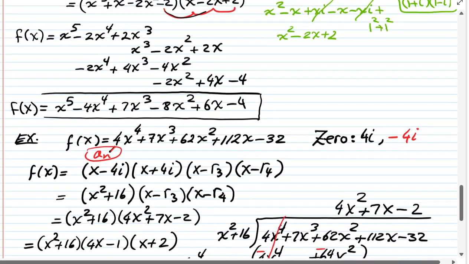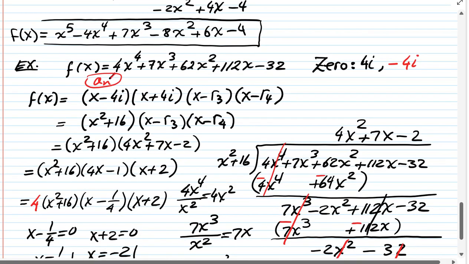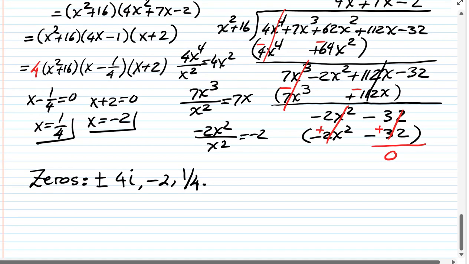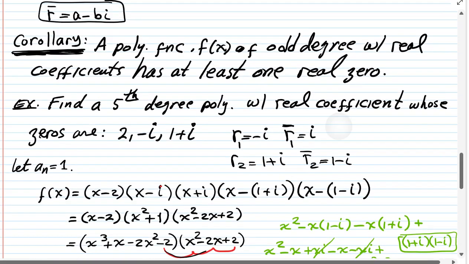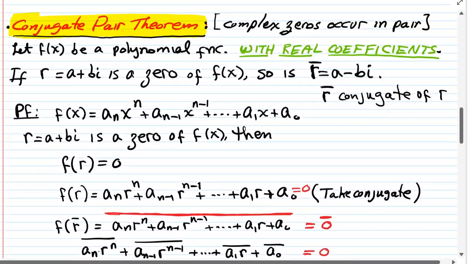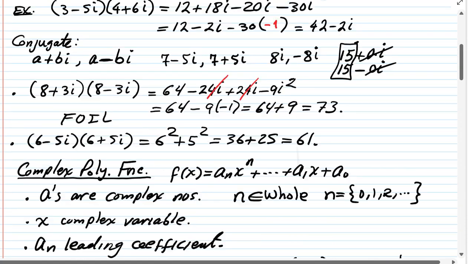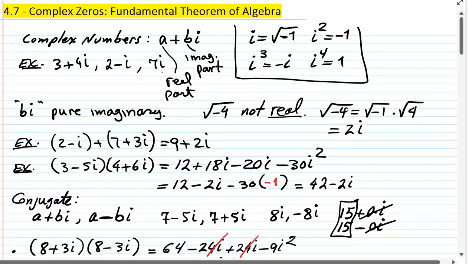Again, we didn't want to do anything else. We just want to find the zeros here, and we found all 4 zeros. Okay. And with that, we are done with this section and with this very long chapter that had 7 sections. So we did quite a bit. And I still managed to keep this under an hour.